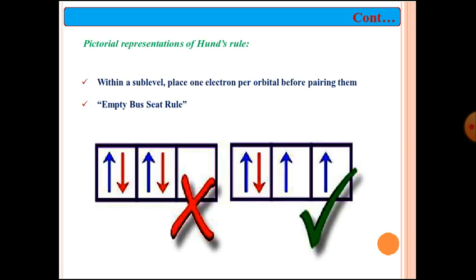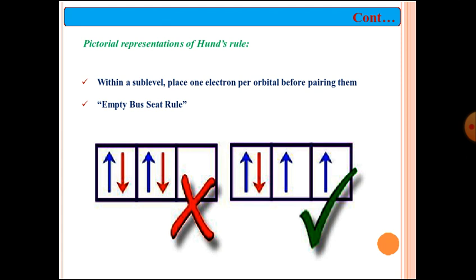This is a pictorial representation of Hund's rule. Here, 2 types of diagrams are available, and this is the explanation. Within a subshell, place one electron per orbital before pairing them.